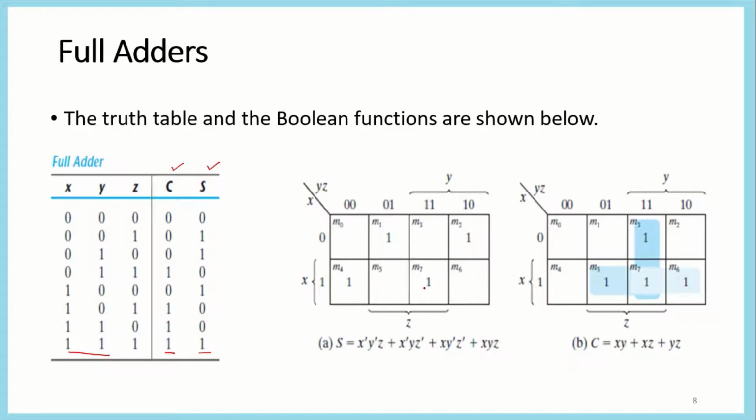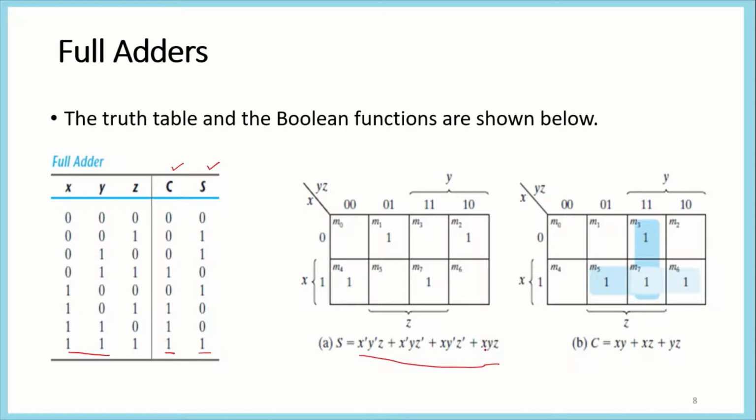When we try to minimize, we can see that there are no adjacent squares here, so we cannot minimize this term further. We will just write all these minterms as they are.